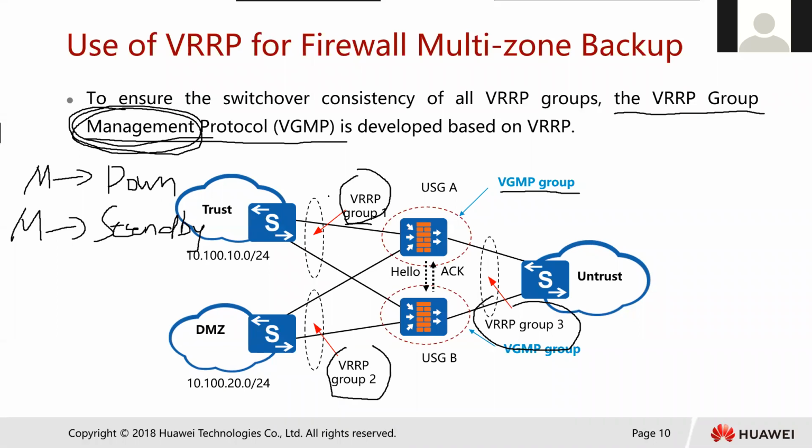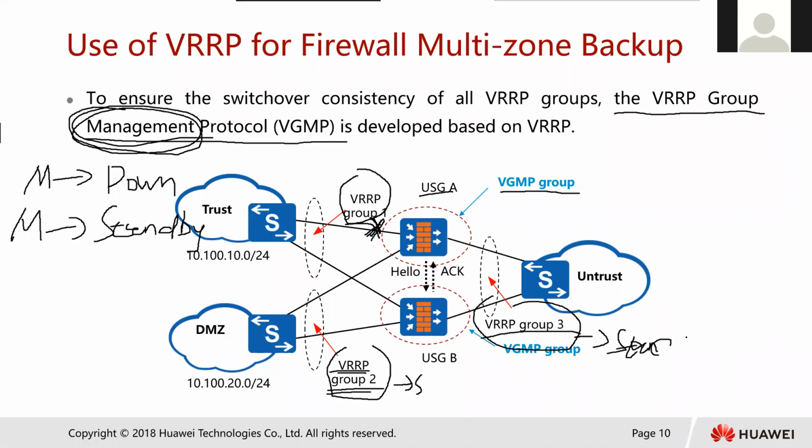That means if this link is down, in VRP group 2, USGA also changes to standby. VRP group 3 also changes to standby.